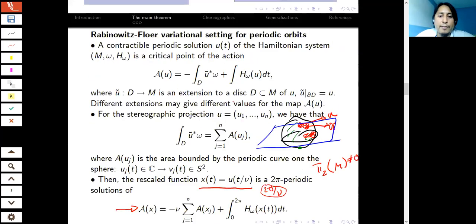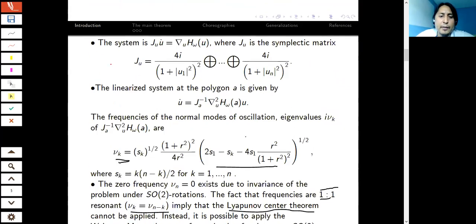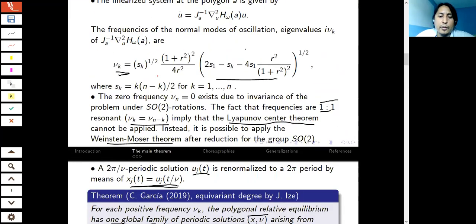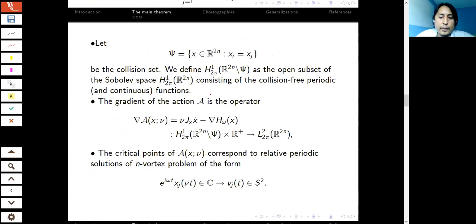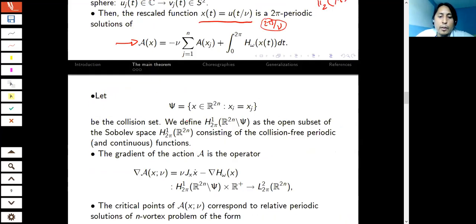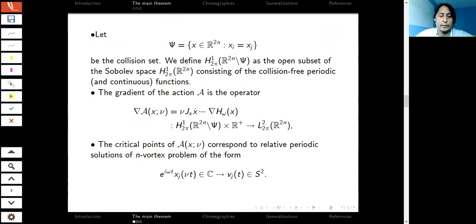Okay. So now the gradient of the action A actually is an operator which is not difficult to compute. So before I define this matrix J of U, actually the gradient of the action is just nu. Maybe there is a problem with the sign. I changed sign, but okay, it is similar.